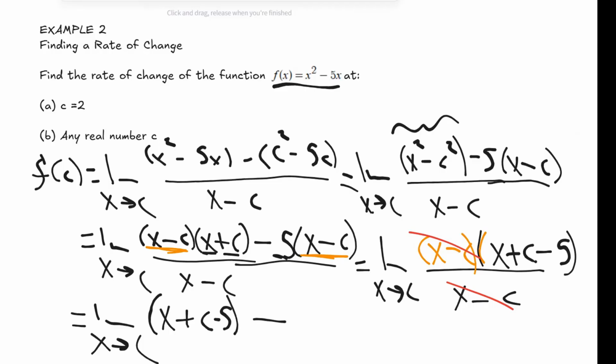And if we take the limit as x approaches c, you would have c plus c minus 5, which is 2c minus 5. So this would represent the rate of change of f of x at c for any number. And in fact, we could just plug in any number we want for c, and that would give us the rate of change at that particular c value.